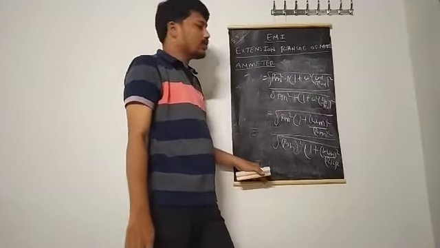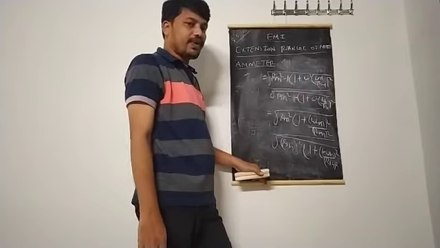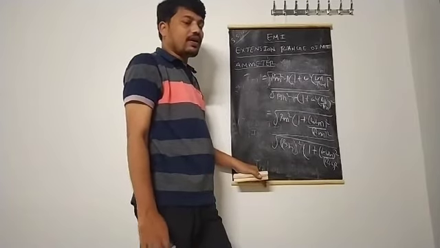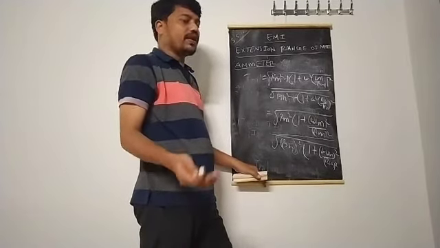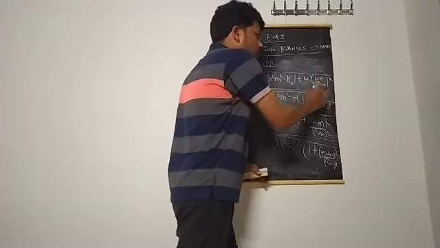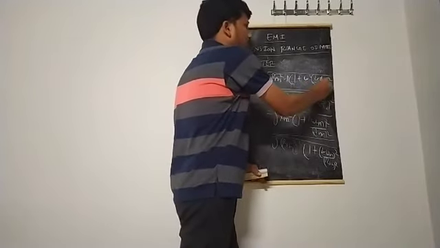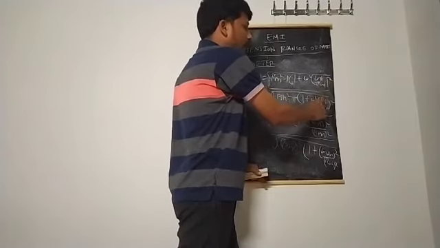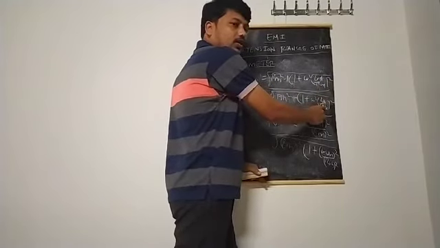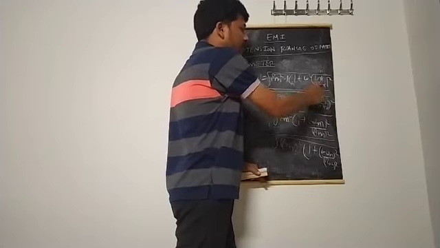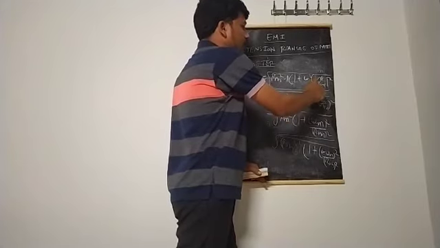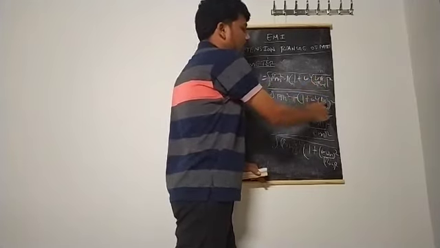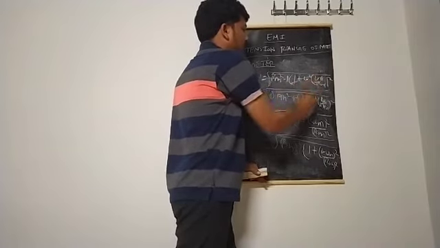We have assumed that to make the ammeter independent of frequency, tau m is equal to tau sh. Then what happens? This becomes equal to this, because Lm by Rm is tau m and LSH by RSH is tau sh. Both are equal, so this by this is equal. 1 plus omega square tau in the numerator and denominator cancel.